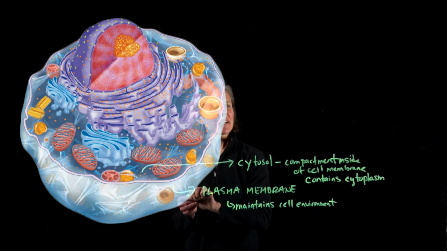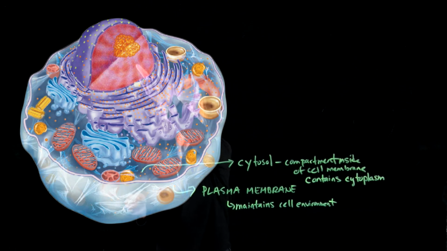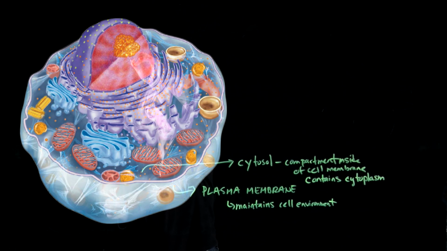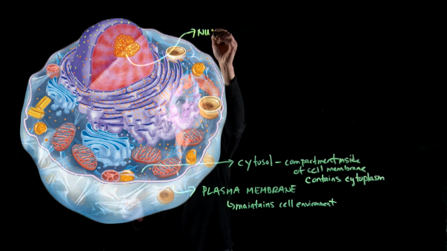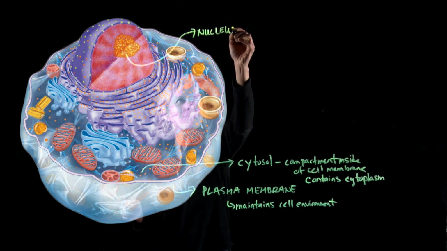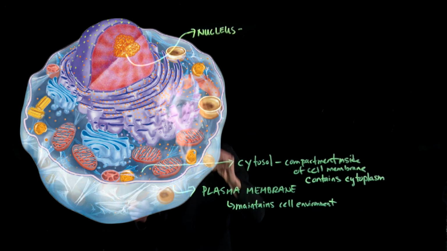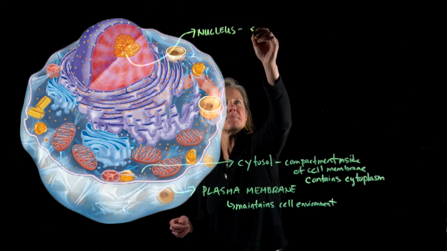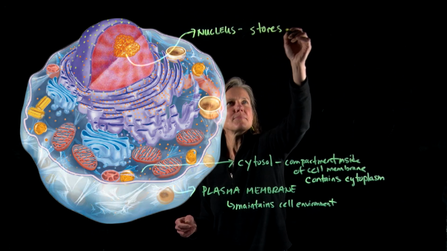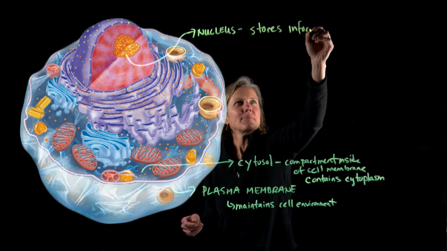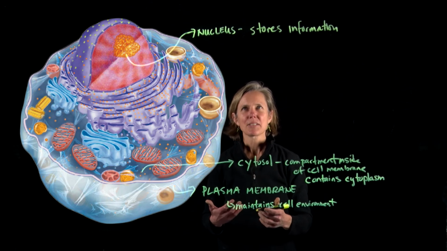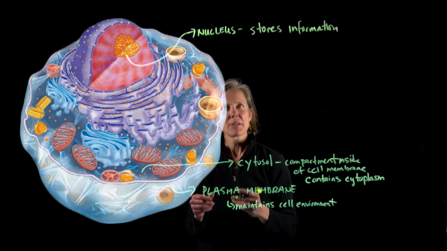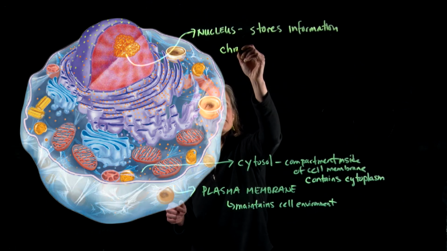Okay, let's move on next to look at the nucleus, shown here. The nucleus is where our hereditary information is stored in the form of DNA. And the DNA in a nucleus is packaged up in chromosomes.